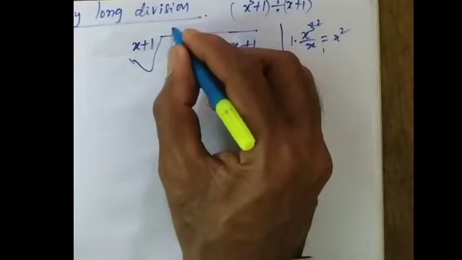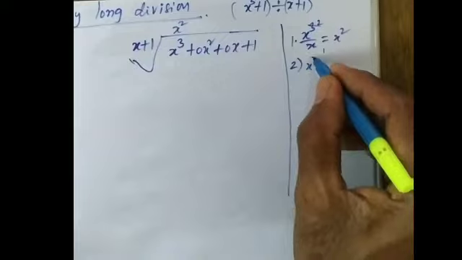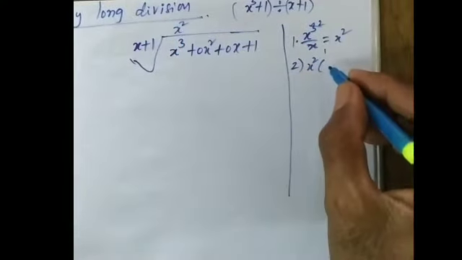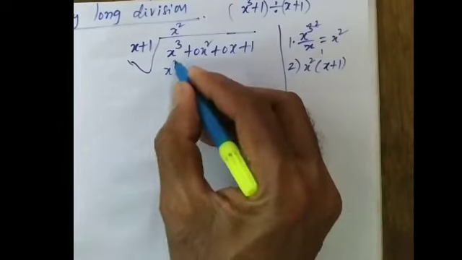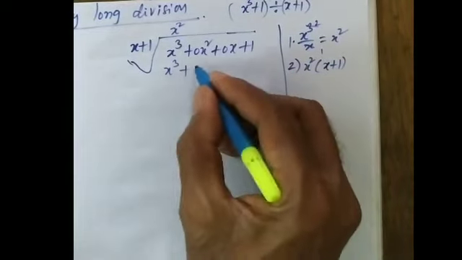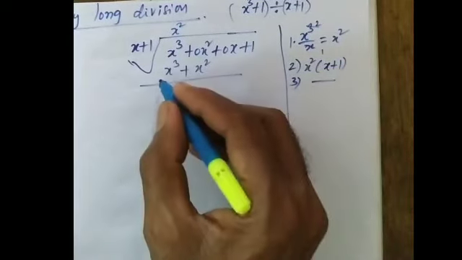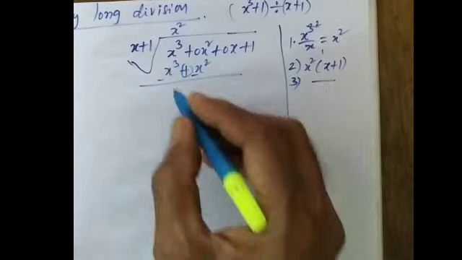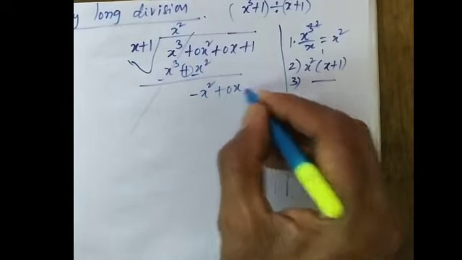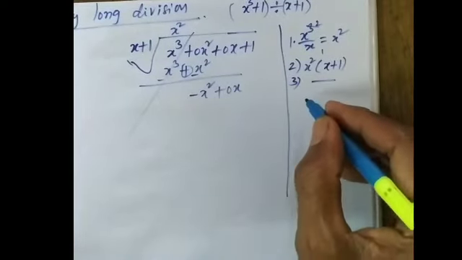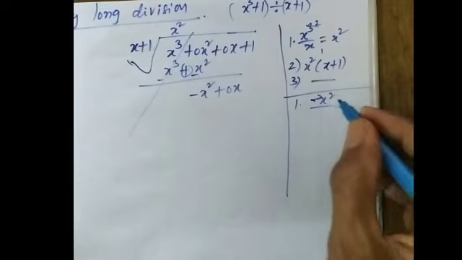First division: the dividend's first term x cube by the divisor's first term x, that is x square. Now multiplication, quotient into divisor, x square into x plus 1: x square into x is x cube, x square into 1 is x square. Third step is subtraction, signs change. Bring down 0x.